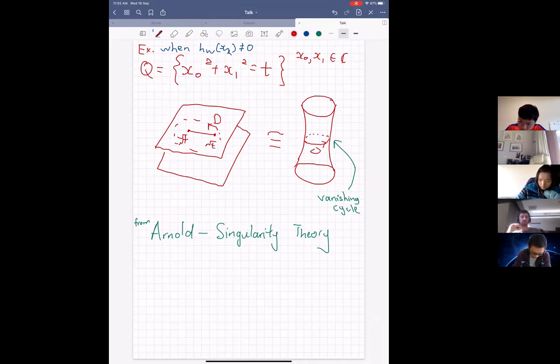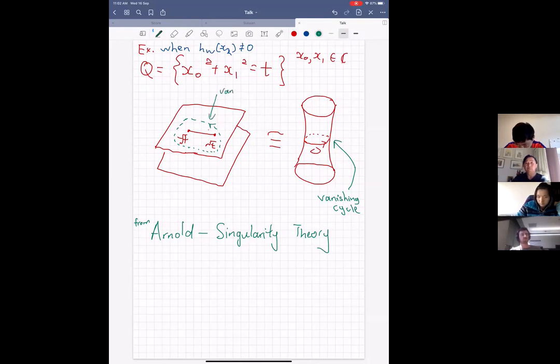Let me draw it properly here so that you can see. Okay, so I draw a circle here, and this circle surrounding this branch is called a vanishing cycle.